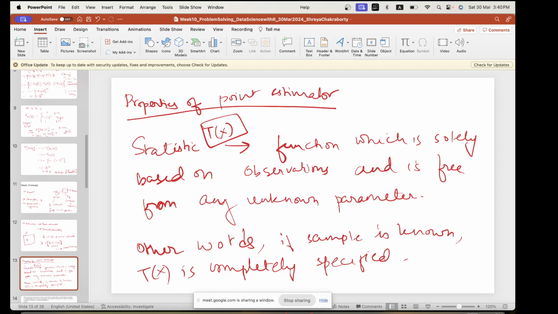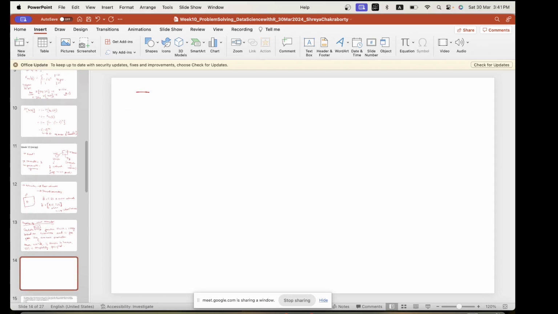Okay, now when we are talking about an estimator, what do we mean? If I say that T(X) is an estimator of theta, then we write that theta hat equals T(X).